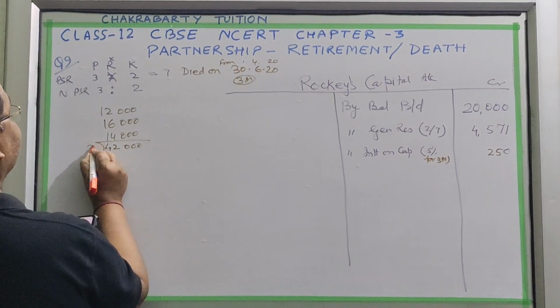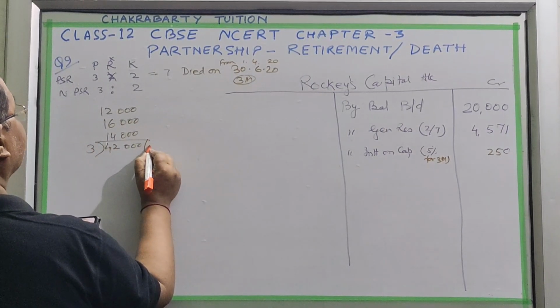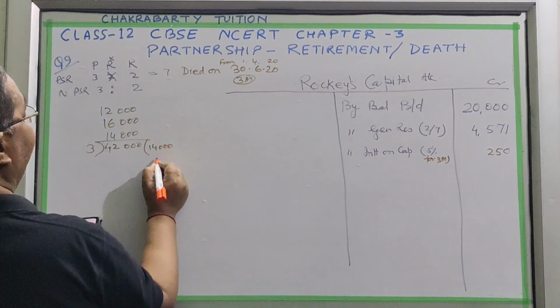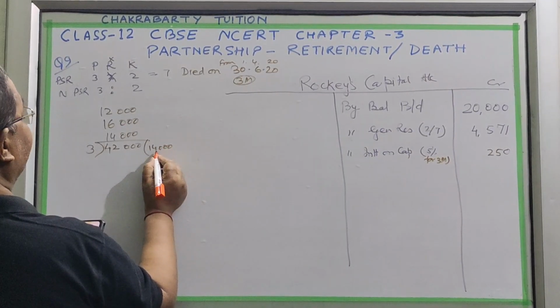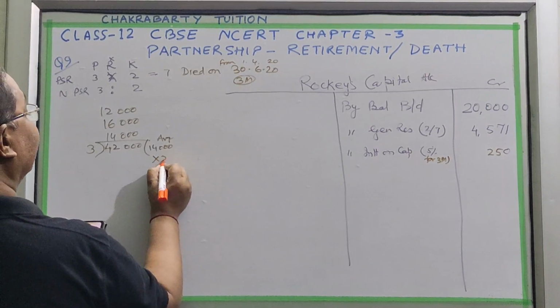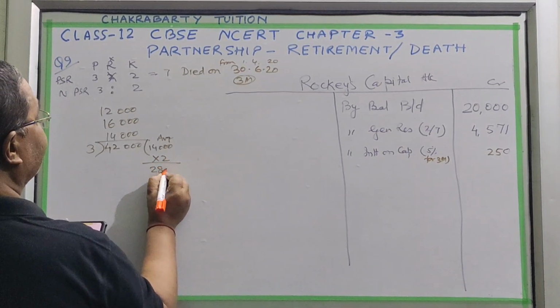Total 42,000 divided by 3 comes to 14,000, and twice the average means 28,000.